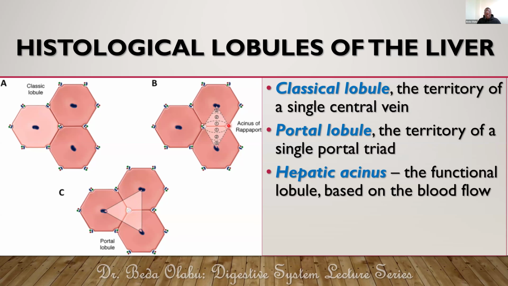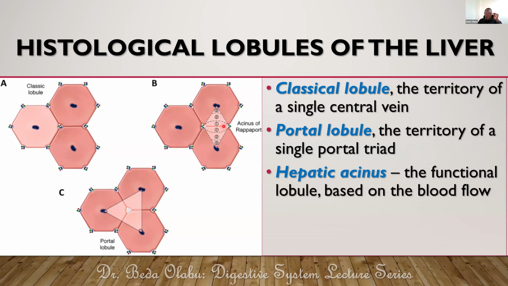The hepatic acinus represents the functional lobule of the liver. What do I mean by that? The other two are largely anatomical. This third one is largely physiological. It may not be a very accurate anatomical entity, but a very important functional entity of the liver.